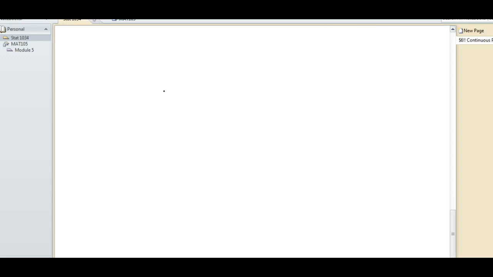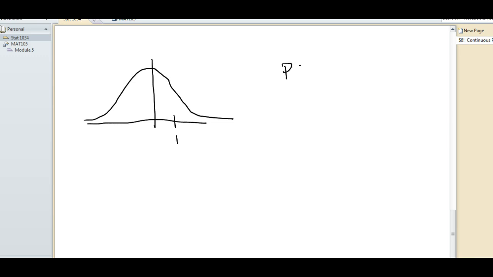Quickly, what if we wanted to do the probability in that same scenario that z was greater than 1? So we had our little 1 here, and let's say we wanted to calculate the probability that z is greater than or equal to 1. Well, we would be shading not to the left now, we'd be shading to the right.